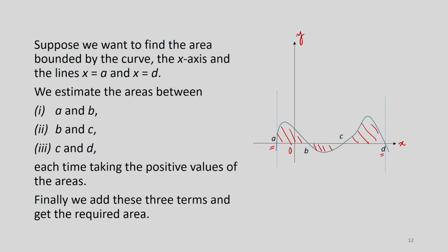Now, here what we do is something quite similar to what we have done before. We subdivide the entire range into smaller portions. So, we are basically first finding out those points where the function is intersecting with the x-axis. Here there are 2 points of intersection, B and C. So, between A and B, the function is taking a positive value, and between C and D also the function is taking a positive value.